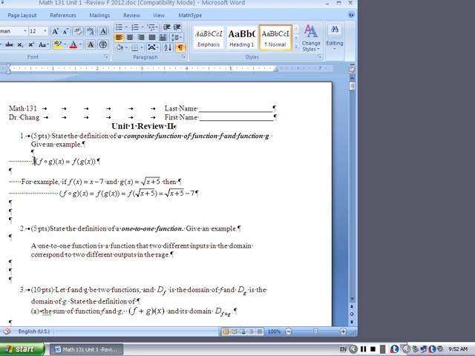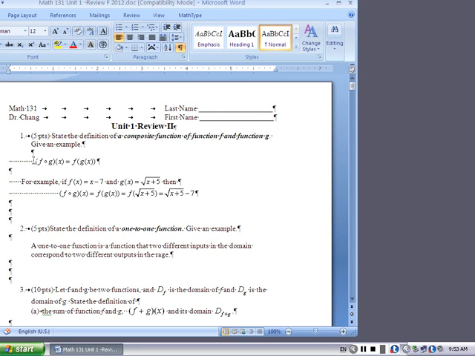Can I have all of you read out loud the whole definition one time? Given two functions f and g, the composite function denoted by f composed with g, read as f of g, is defined by f composed with g of x equals f of g of x.